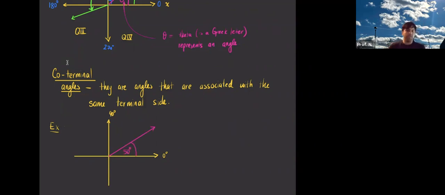So I went 50 degrees in the counterclockwise direction from 0 degrees. So this is 50 degrees. All right. Now my question is, what's a coterminal angle to this 50 degrees? What would be another angle associated to this terminal side?